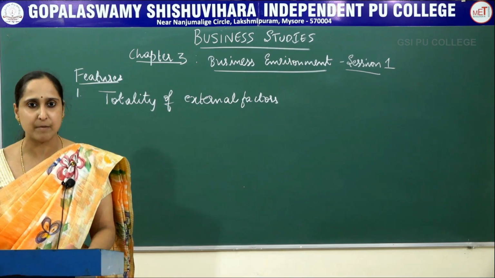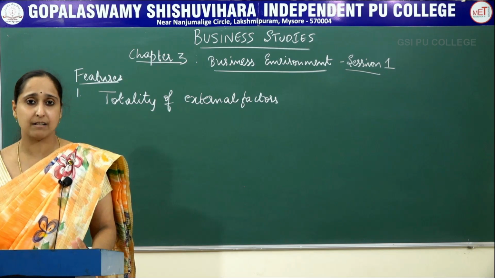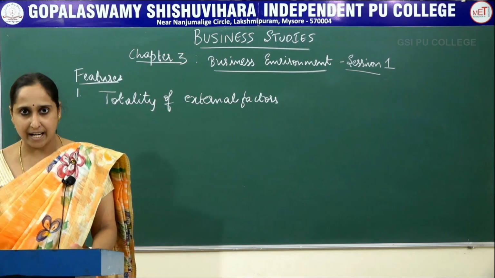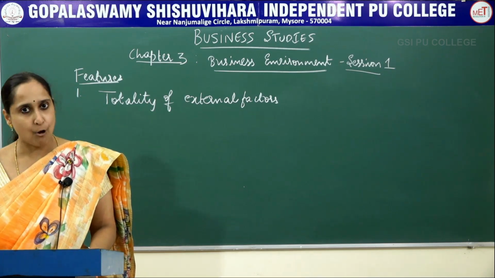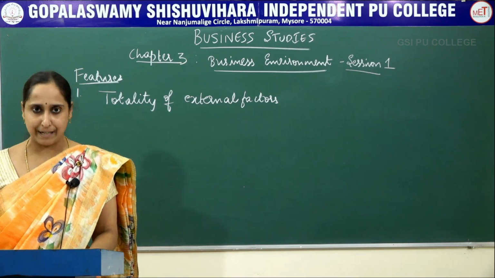Here all the factors means political factors, legal factors, social factors, cultural factors, economic factors. All these factors influence the business operating situation. So this is totality of external factors.